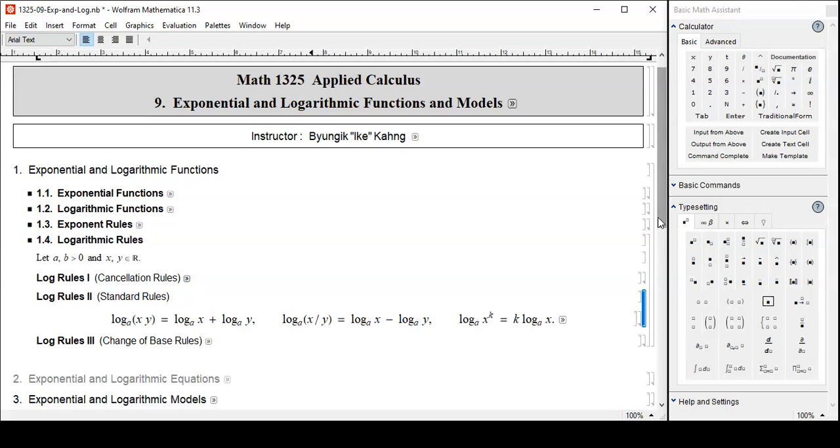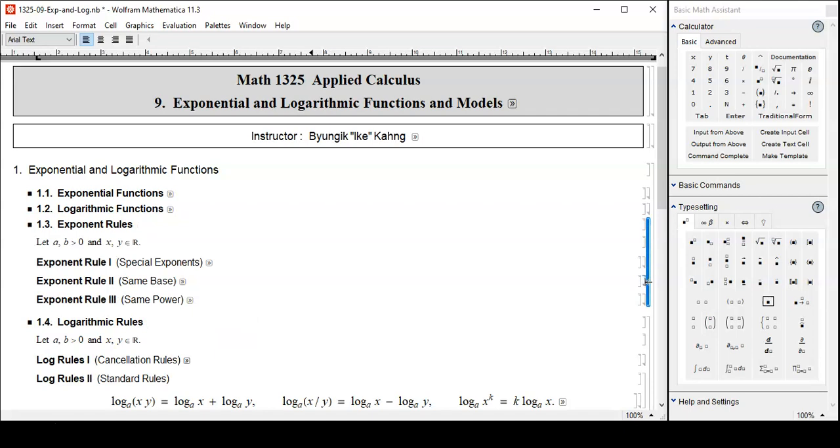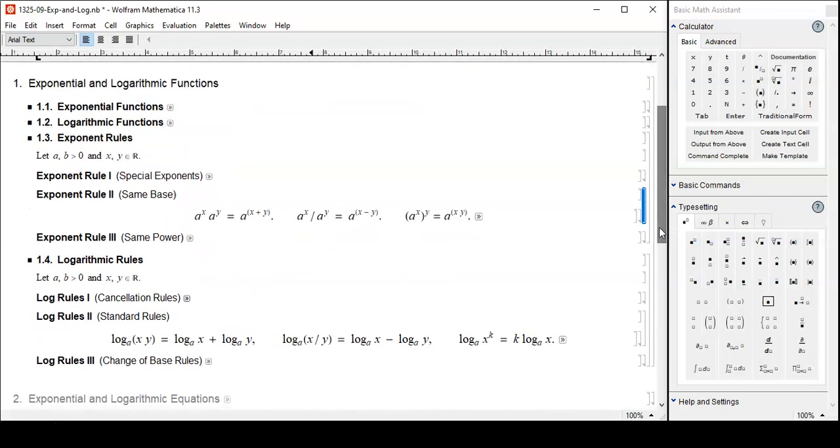All right, next, log rules. Standard rules. Log rule changes multiplication to addition, division to subtraction, and power comes out as coefficient. Well, let's see, what about the exponential rules? When you have the same base, they're all about the same base a.